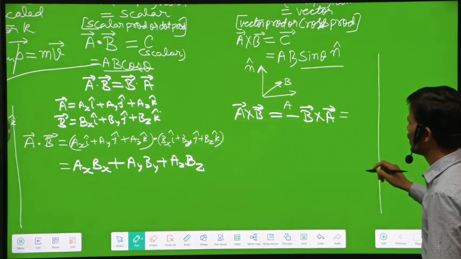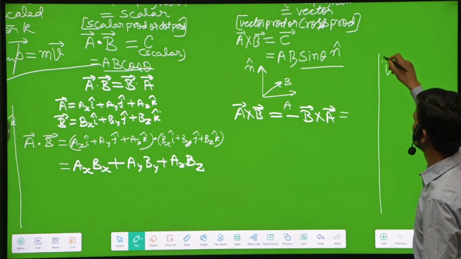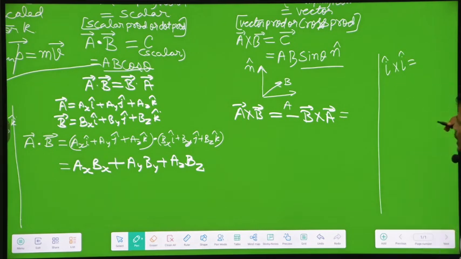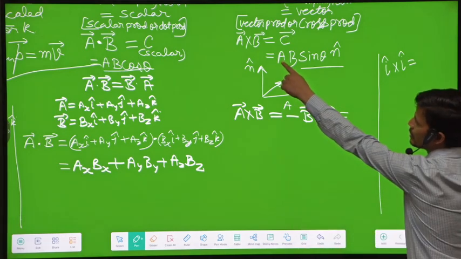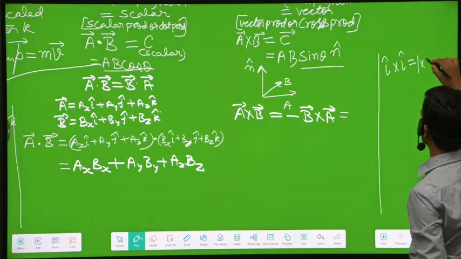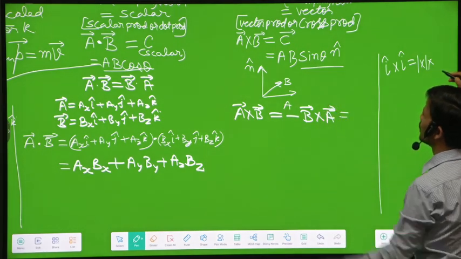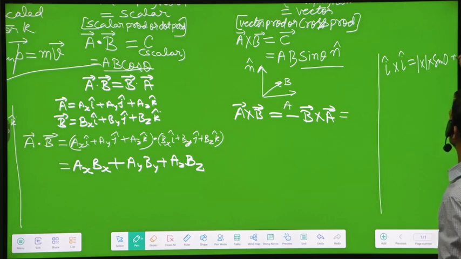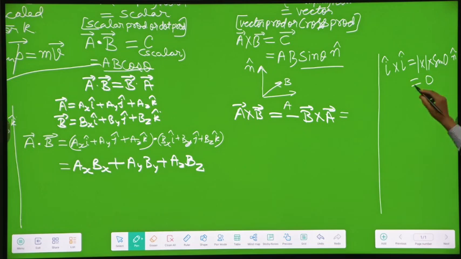But before that, let me check i cross i. What will be i cross i? So according to this, the magnitude of first, which is 1, magnitude of second, which is 1, and sine theta. So it is sine 0. And let us suppose there is some n cap. But sine 0 is 0, so it means i cross i is 0. Same is j cross j, and same is k cross k.